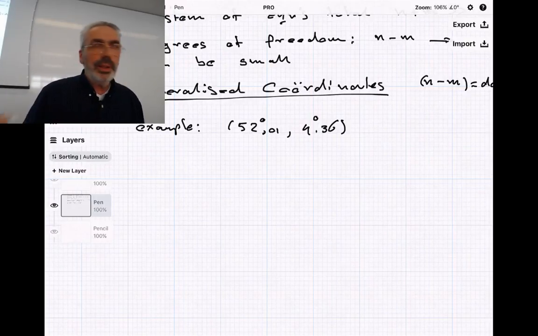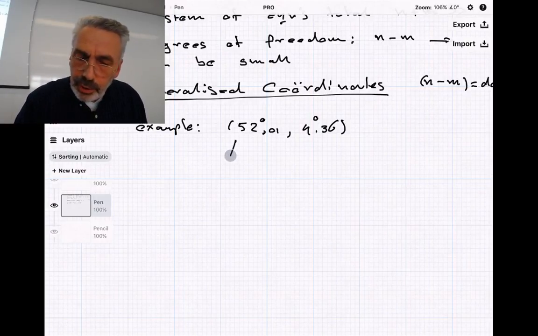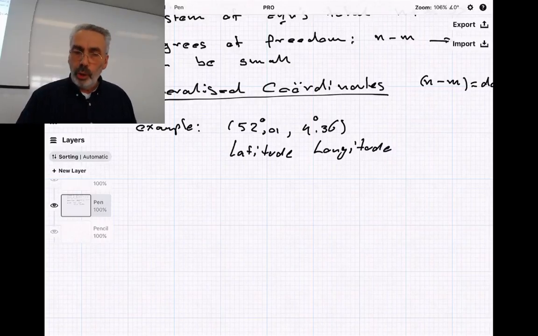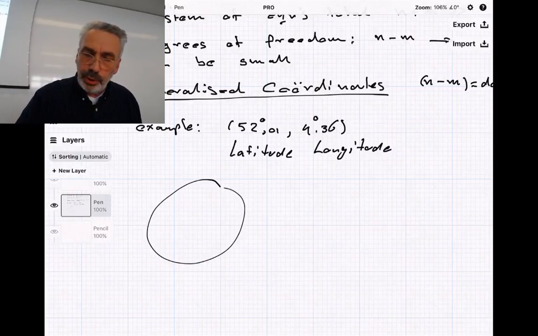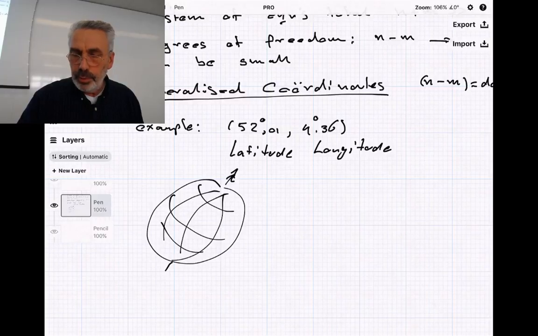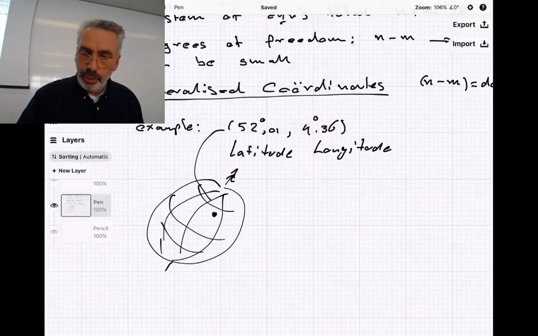Now, why do I say so? This is latitude, and this is longitude. So actually, it's a location on the globe. If you sketch the Earth with all these lines on it, then somewhere on the Earth I am standing here. And that point on the Earth is given by these two coordinates.